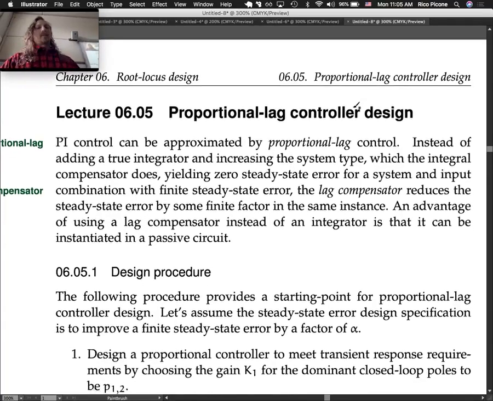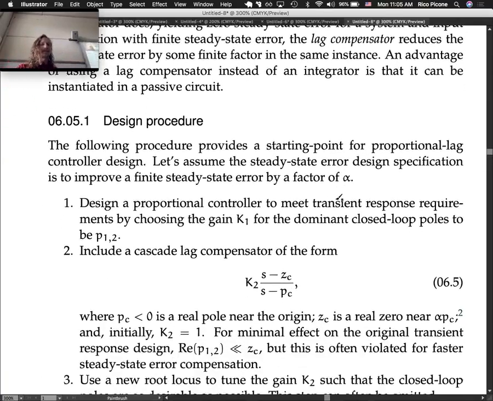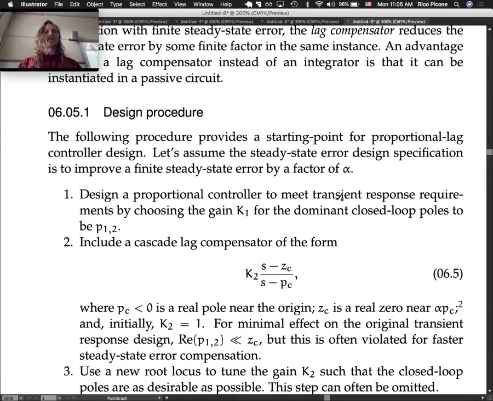Okay, the design procedure. The following procedure provides a starting point for proportional lag controller design. Let's assume the steady-state error design spec is to improve a finite steady-state error by a factor of alpha. So say you've got a steady-state error of 30% when you do a proportional controller, and you want to improve that by a factor of alpha.